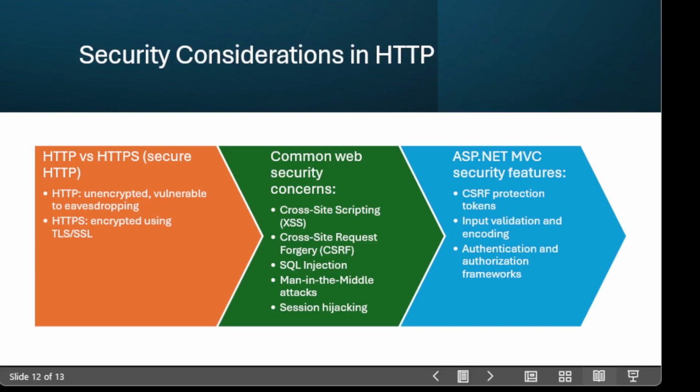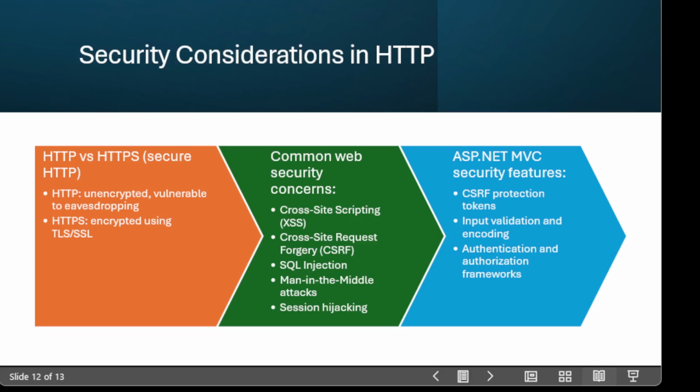Security is a critical consideration when developing web applications. Standard HTTP is unencrypted, which means data transferred between client and server can be intercepted and read by malicious actors. This is especially problematic for sensitive information like passwords or credit card numbers.